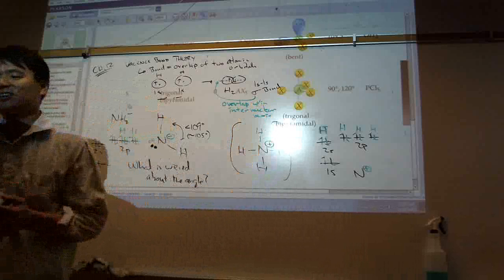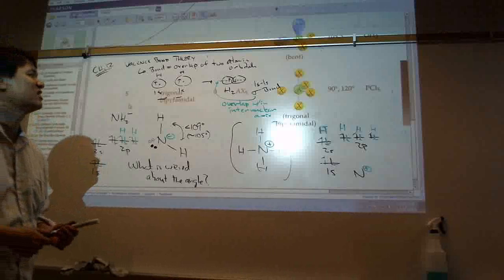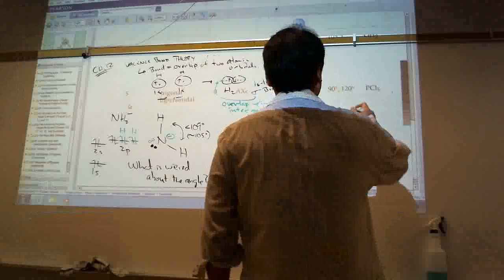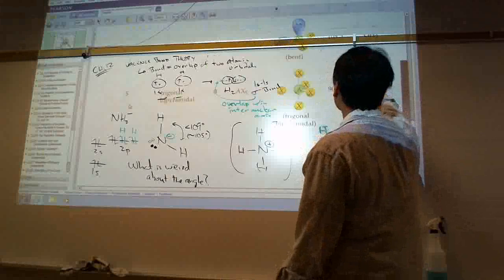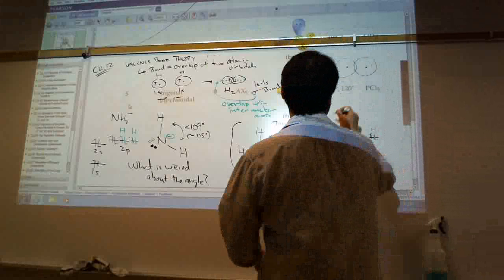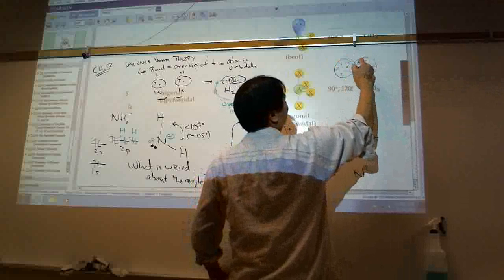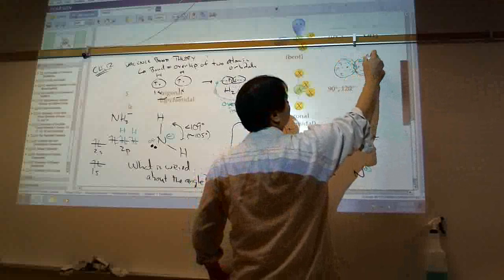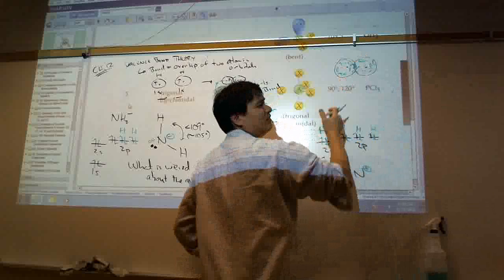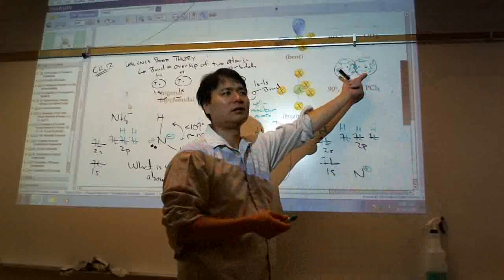So it's very simple. You take an s orbital and an s orbital, and overlap them. What happens when you overlap them? What happens to the electron cloud? It's more dense. Yeah, the electron cloud in the overlapping region becomes more dense, and becoming more dense means that the nuclei are going to be held tightly.